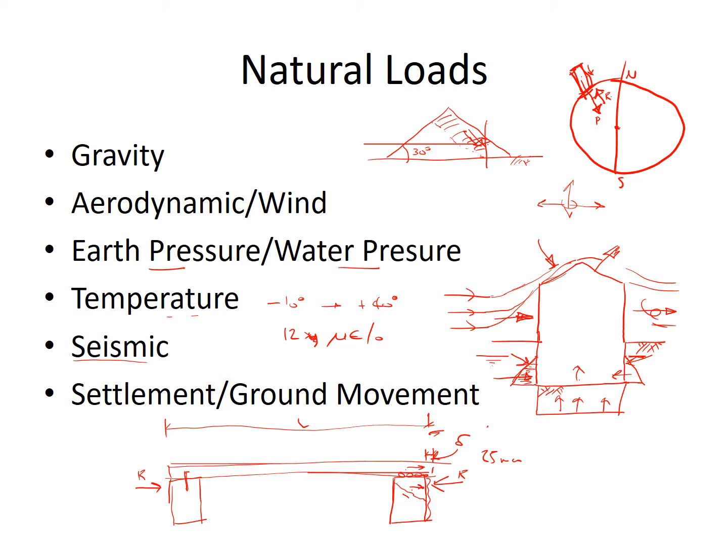If we have a look at ground movement, this bridge that we've designed here might have its initial design as a continuous span over 3 supports, so 2 abutments and a central support here.